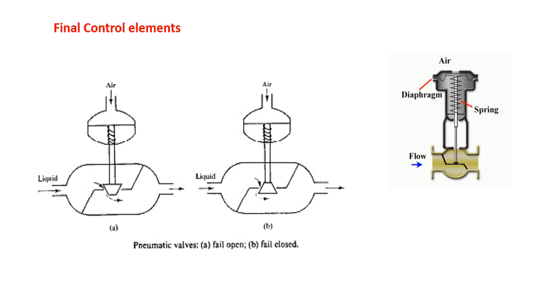So in figure A, if the air is lost, it becomes fail open, and in figure B, if the air is lost, it becomes fail closed. So both are in the opposite direction. Both pneumatic valves, air to open and air to close, are opposite in action with each other.